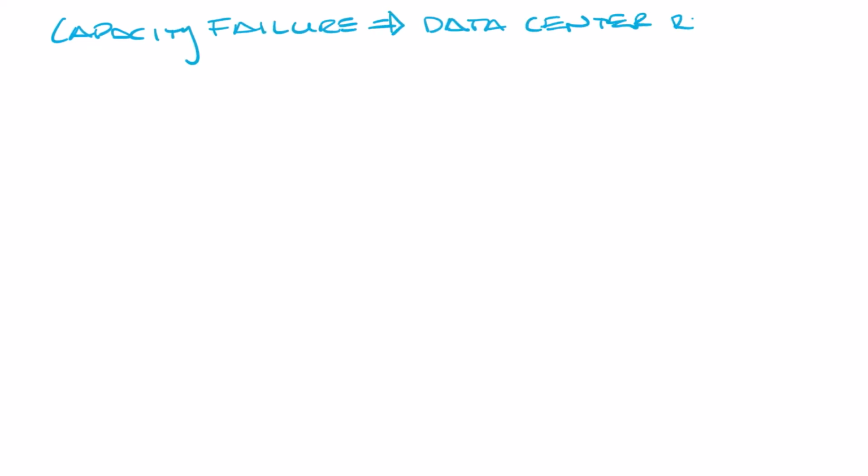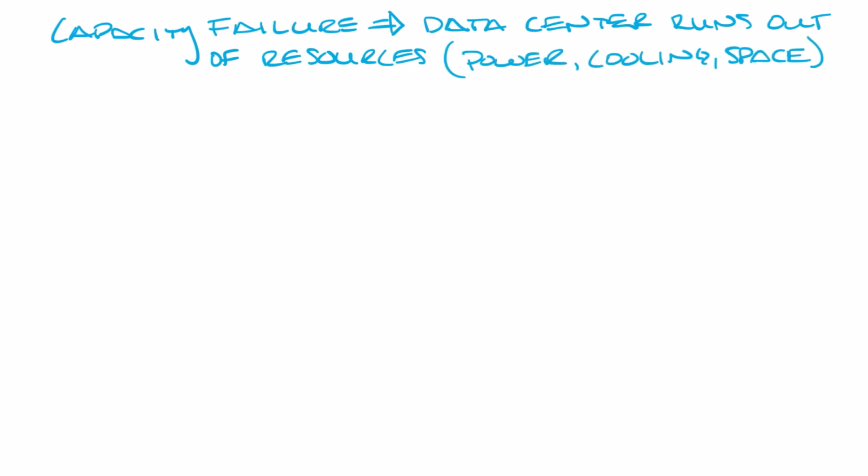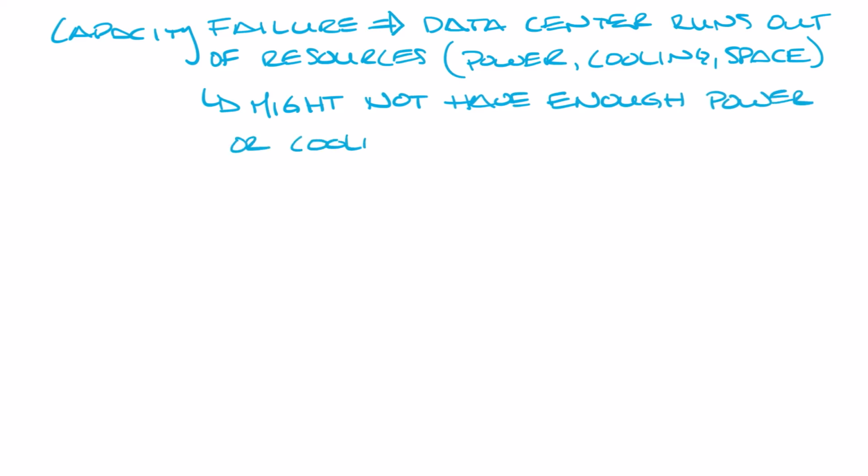Before we go to Tier 2, let me scoot this over and talk about capacity and distribution failures. The capacity failure is when the data center runs out of resources like power, cooling, or space to support the servers and the equipment inside. If you imagine your phone running out of battery because you've been using it too much, that's kind of the same thing. A data center might not have enough power or cooling to keep everything running smoothly if it's overloaded.